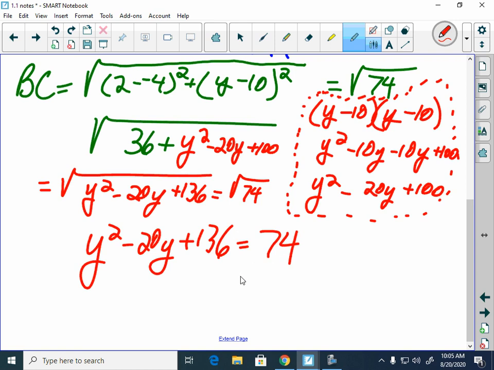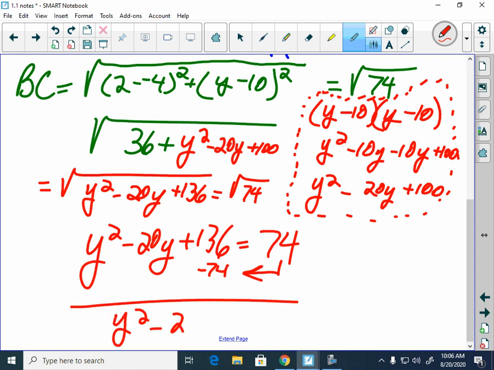Your book problem is going to be way, way easier than this one. Because watch what I got to do next. I got to subtract this 74, right? So it's going to be y squared minus 20y plus, what am I subtracting? 74.